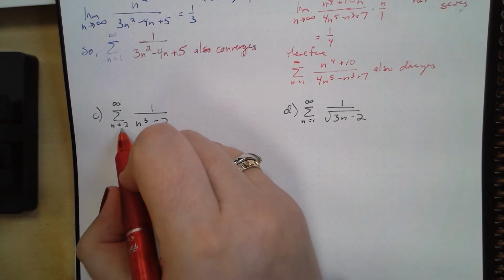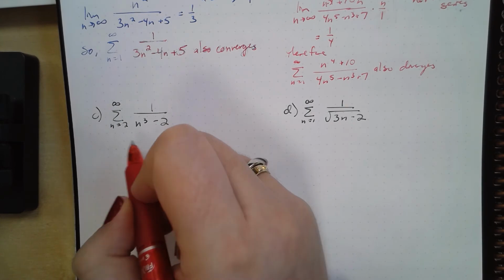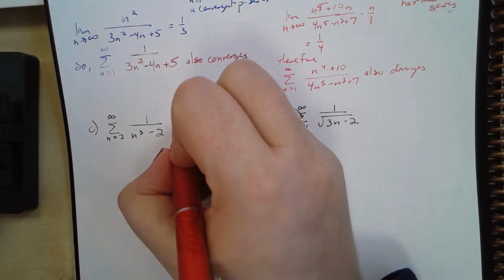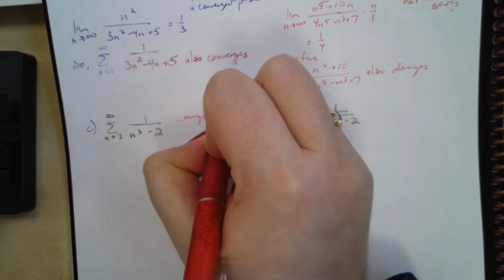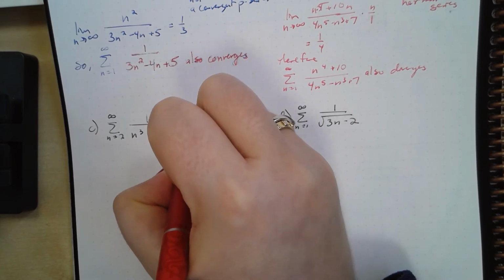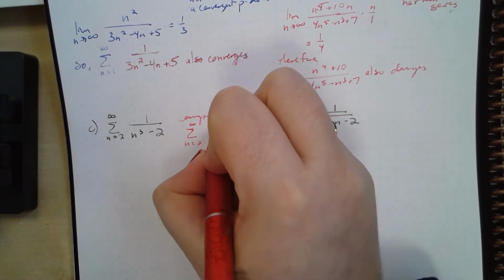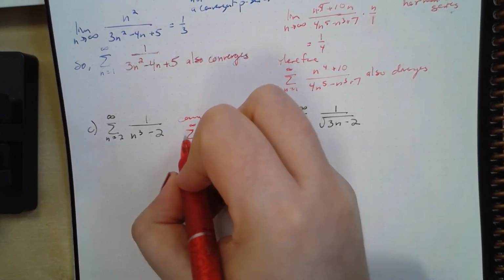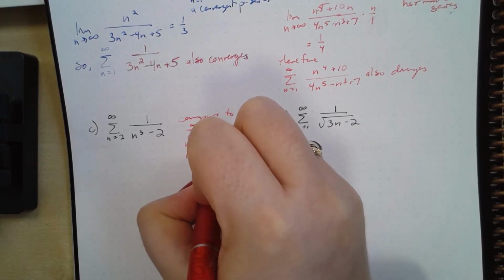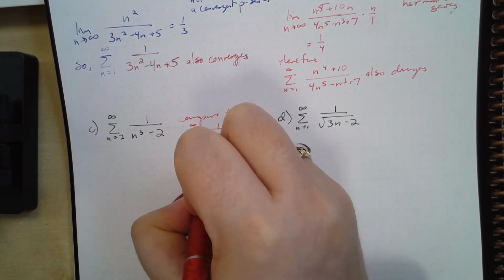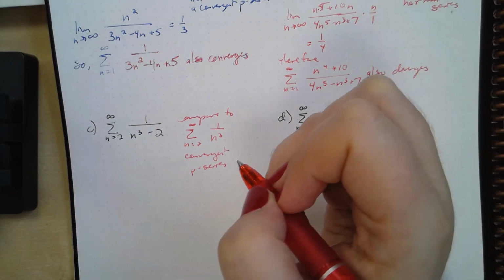The sum from n equals 2 to infinity of 1 over n cubed minus 2. Well, I'm going to compare this to the sum from 2 to infinity of 1 over n cubed. That's a convergent p-series. Hopefully you're starting to recognize your p-series here.